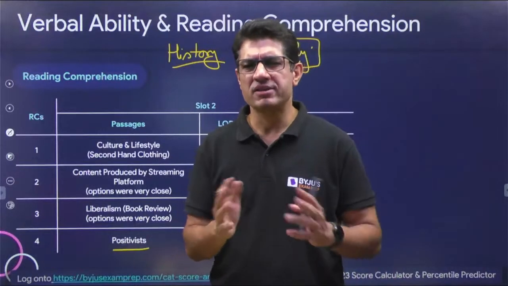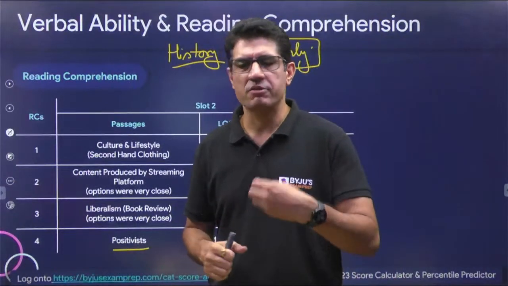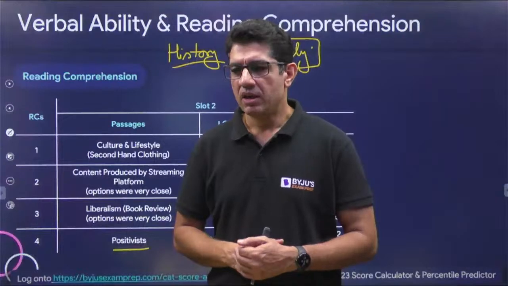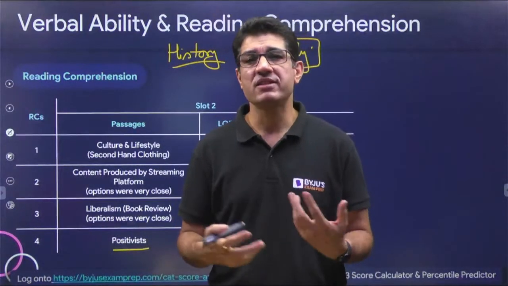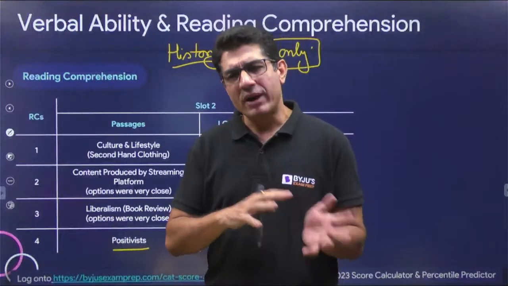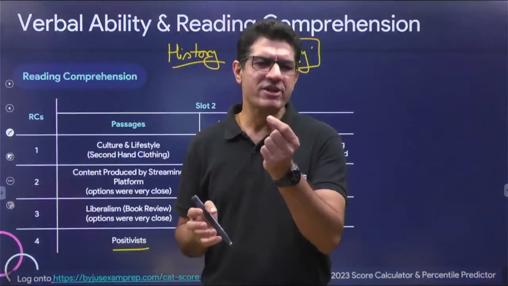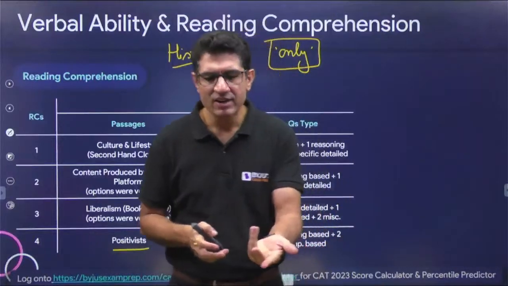So I'd say 6 to 8 questions from RC, another 4 to 5 questions from VA. So my gut feel is that overall, the difficulty level appears quite similar to CAT 22, maybe a shade more difficult, but let's see how that pans out.